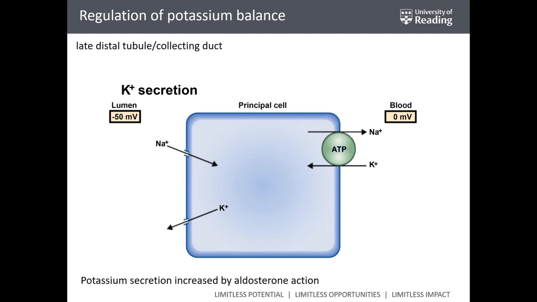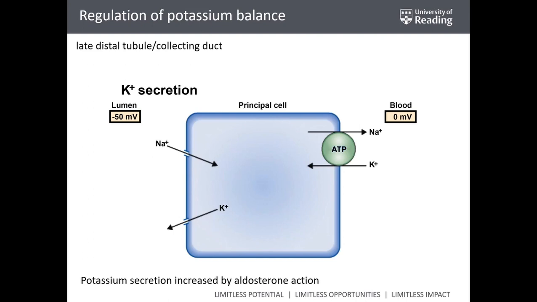Now, aldosterone increases this process. We've seen how aldosterone increases the amounts of sodium channels on the apical membrane and of the ATPase sodium potassium pump on the basolateral membrane. And that corresponds to an increased reabsorption of sodium.